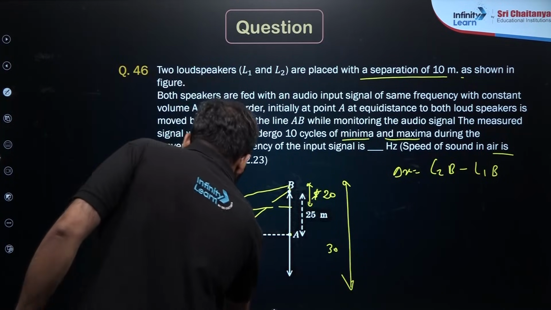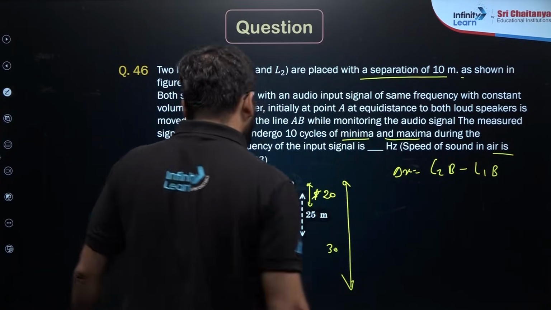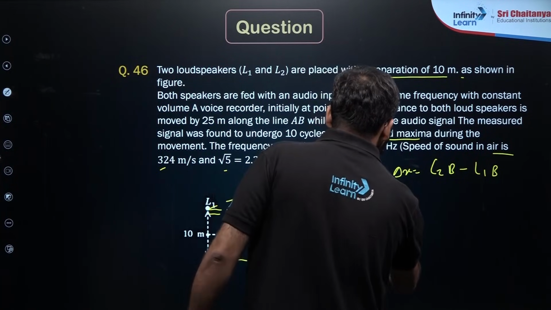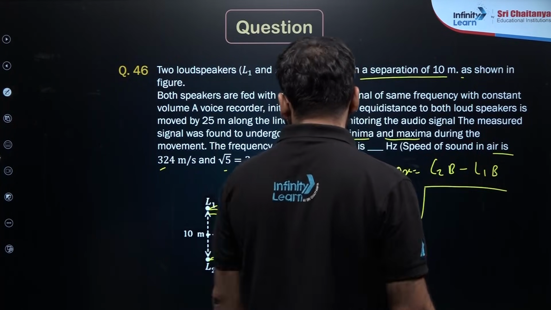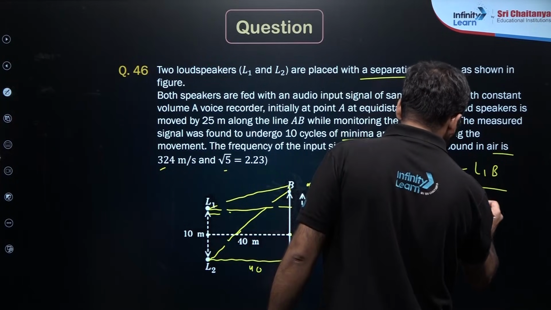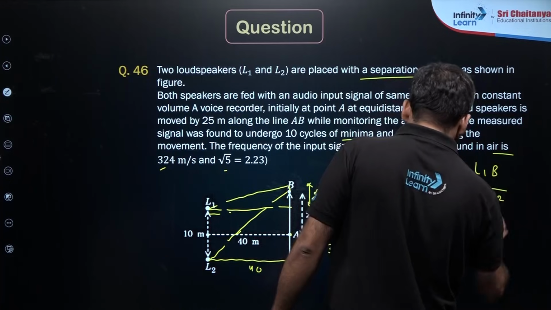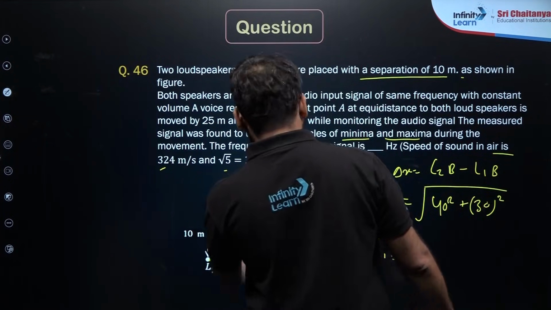Okay beta, so this is my 40, this is my 30, so L2B is the square root of 40 square plus 30 square, and L1B equals the square root of 20 square plus 40 square.